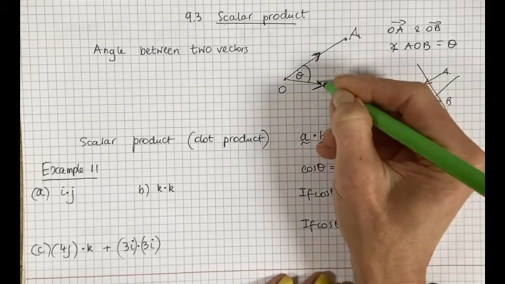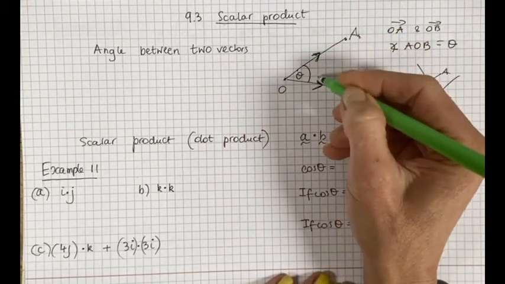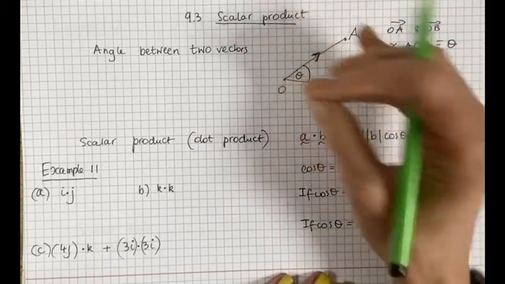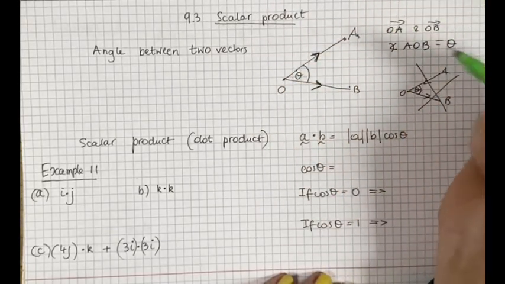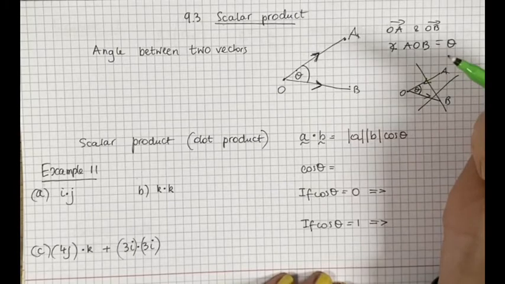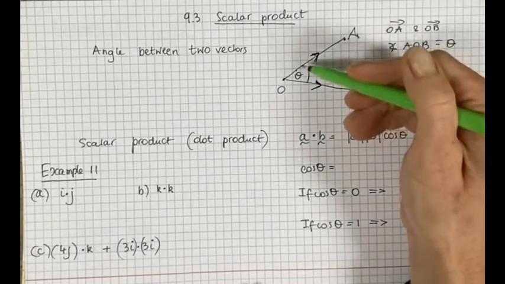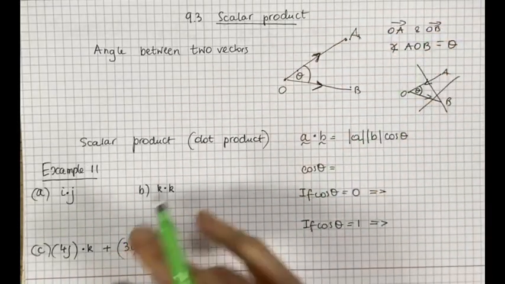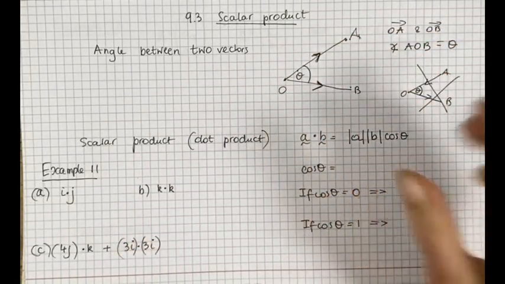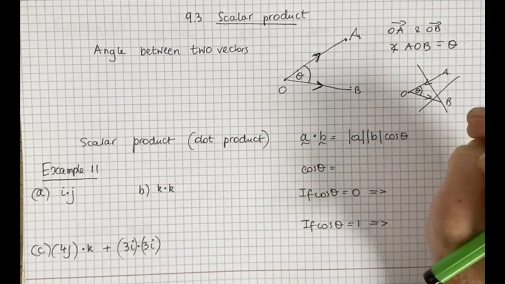You could have the arrows going into the point, as long as they go in the same direction. So that's fine. You need to be clear this is what you're dealing with: the angle between two vectors. The directions need to be either coming away like rays of sunshine or going into the point.